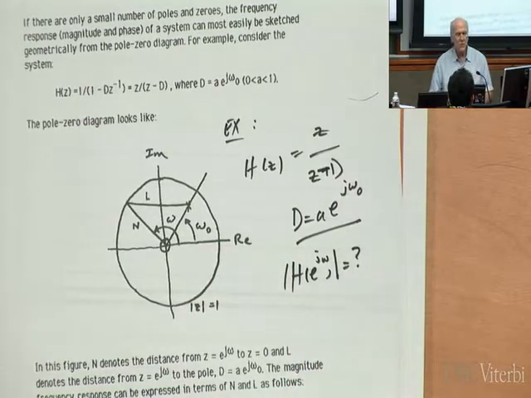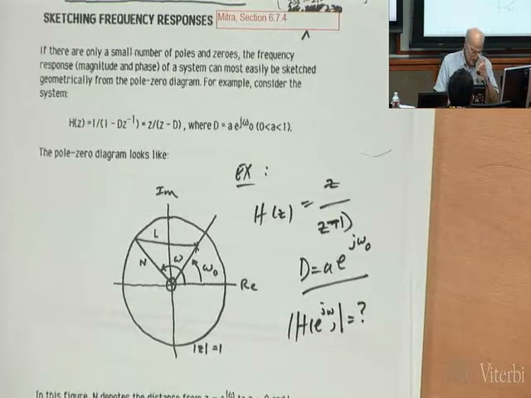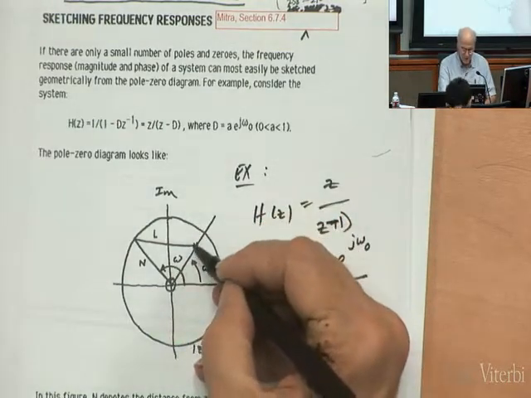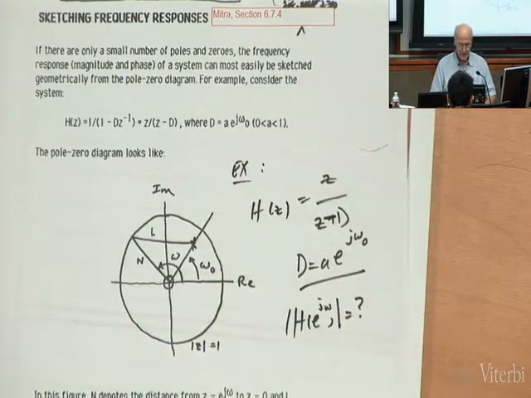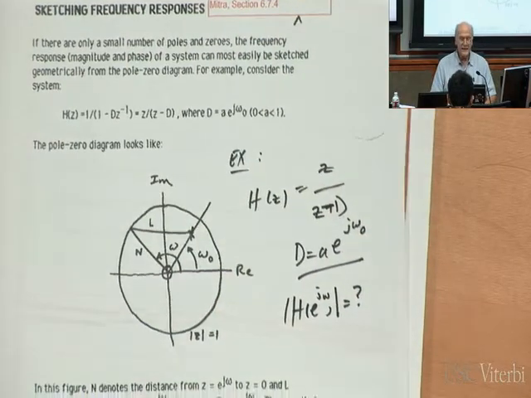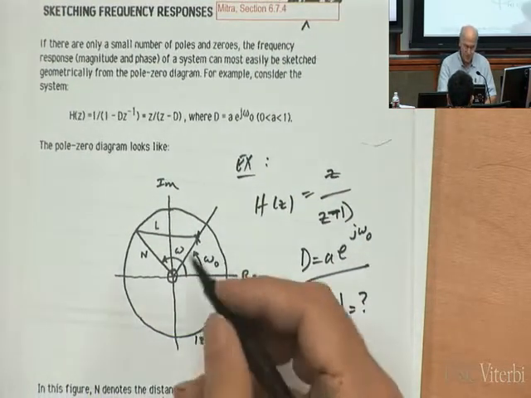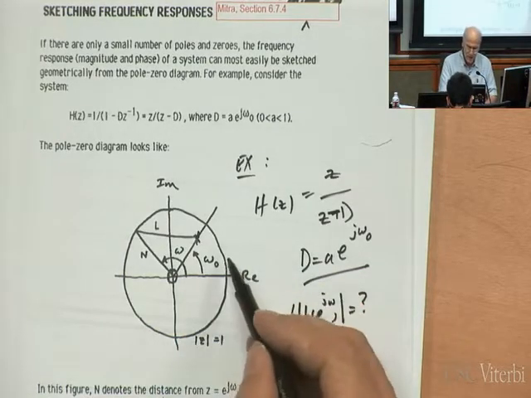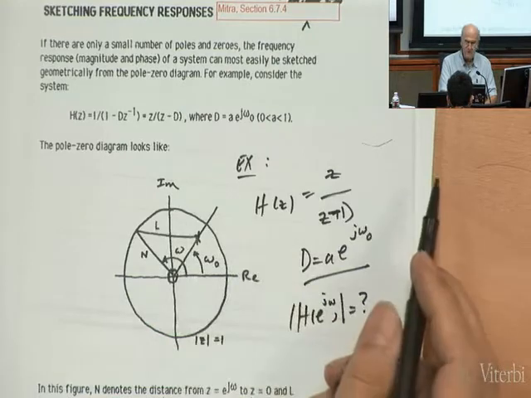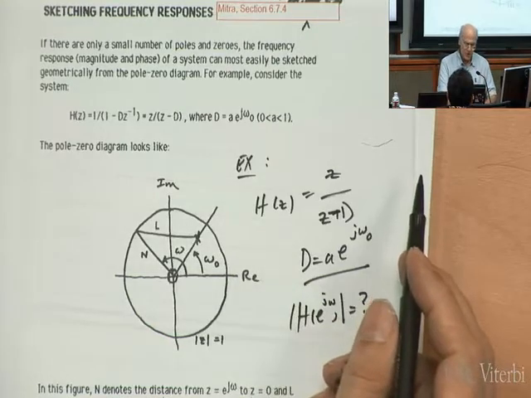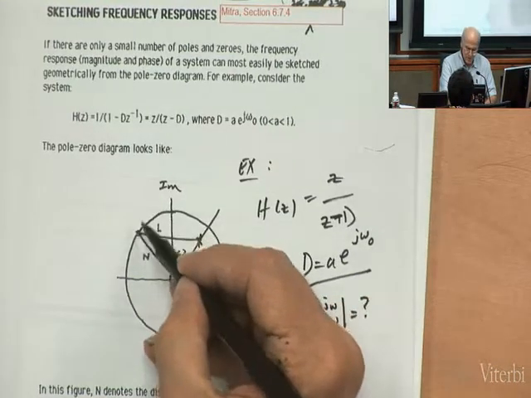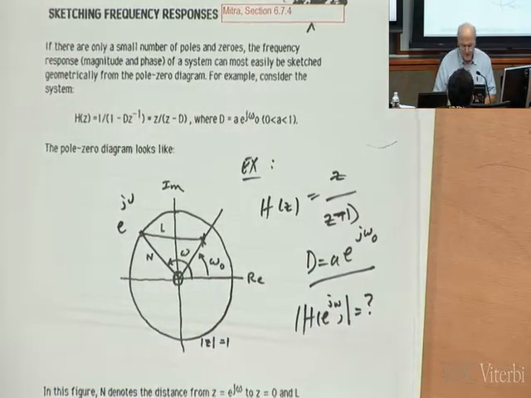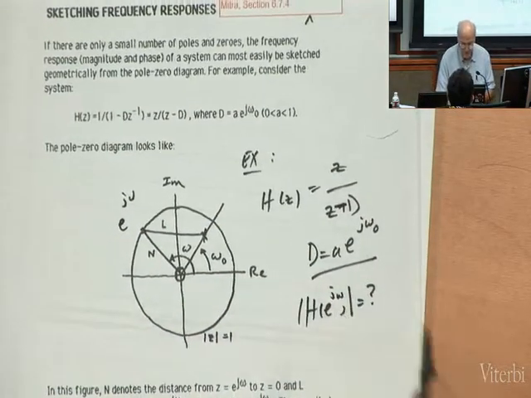There is a graphical way to do that. Take your pole and put the x right there. In this case, you have a zero at z equals 0, so draw your zero. Now move around the unit circle, and at each point where you move, here's your position, e to the j omega. What is the magnitude of H of e to the j omega?